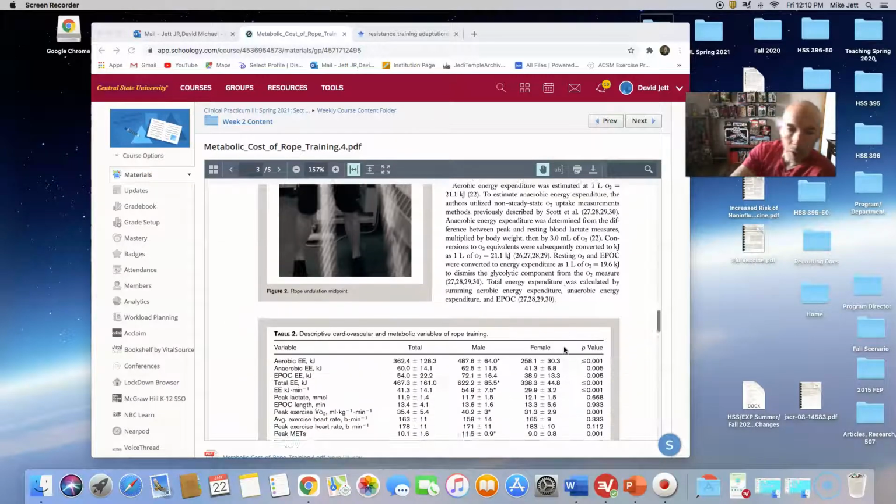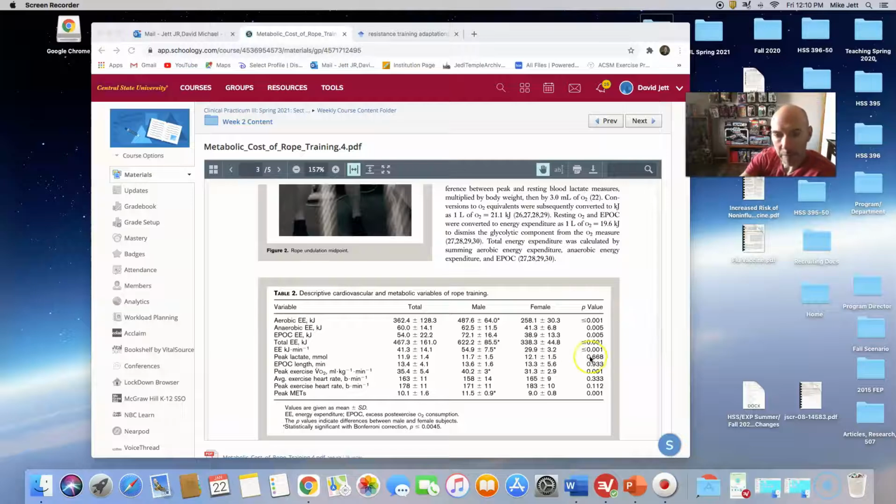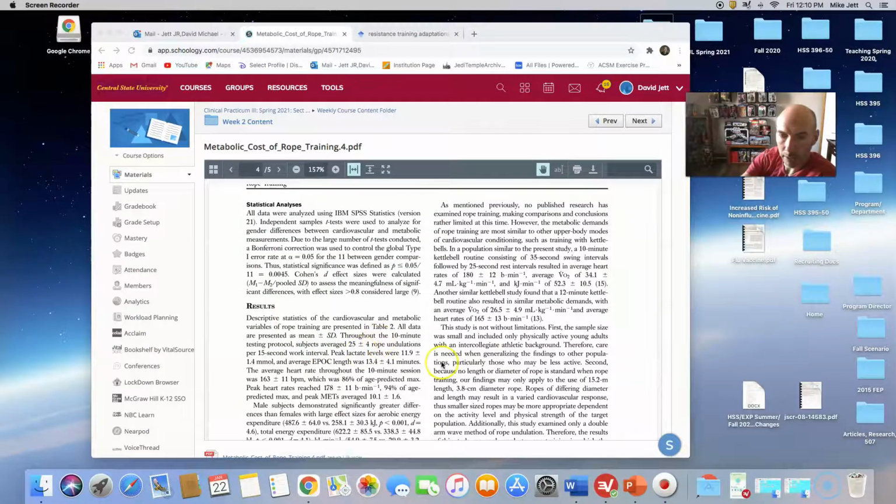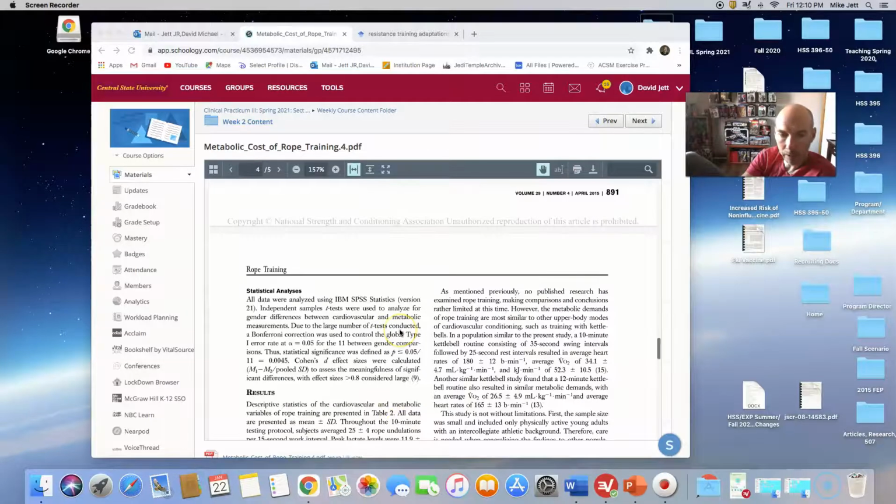All right, so component 3 is the results, okay? Now, a lot of times the results can be more easily displayed in a table, and that is what is done up above here.